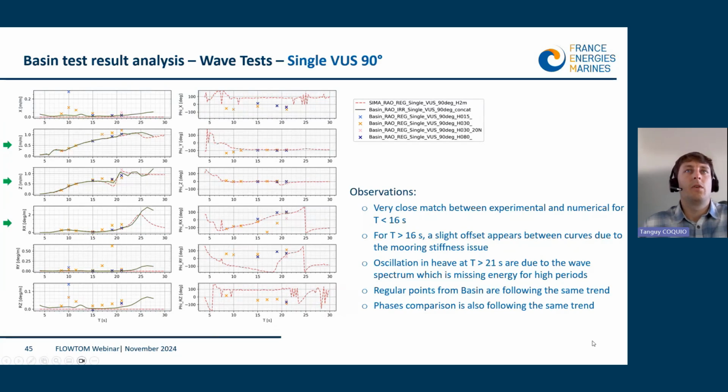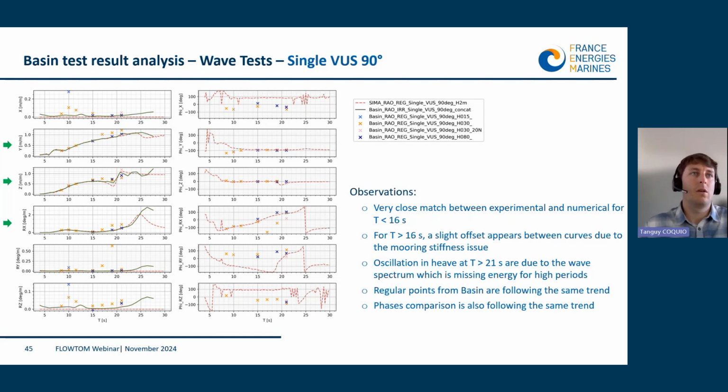If we look now at the single semi-submersible floater with side waves, here we have both regular and irregular waves. As I mentioned before, we have to be careful with the 15 seconds plus period range. Here, the curves that we concatenated for the irregular waves use both low pretension and high pretension for the right part of the graph.